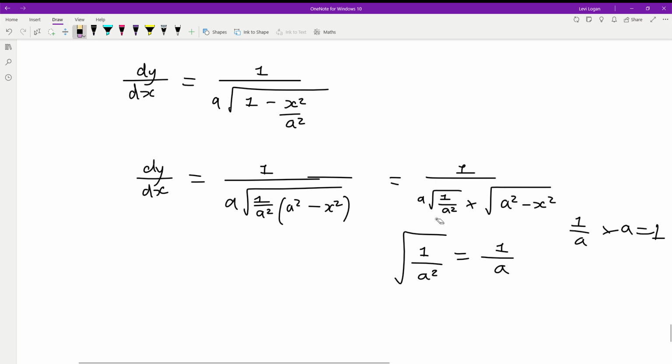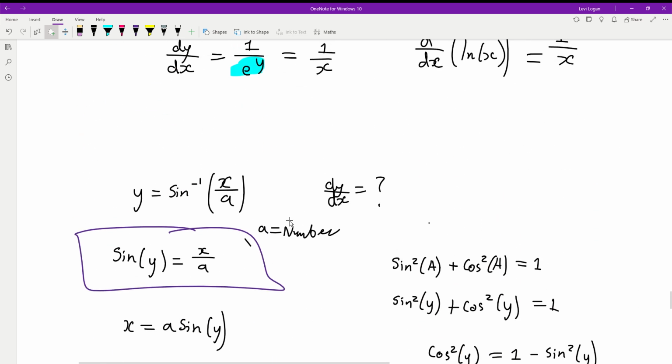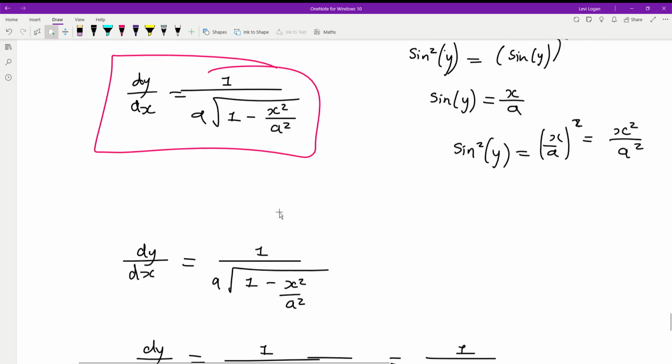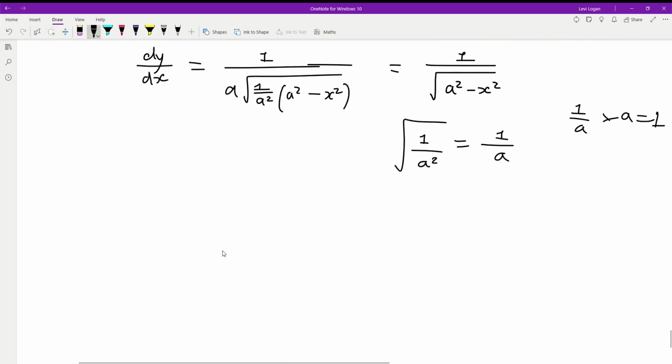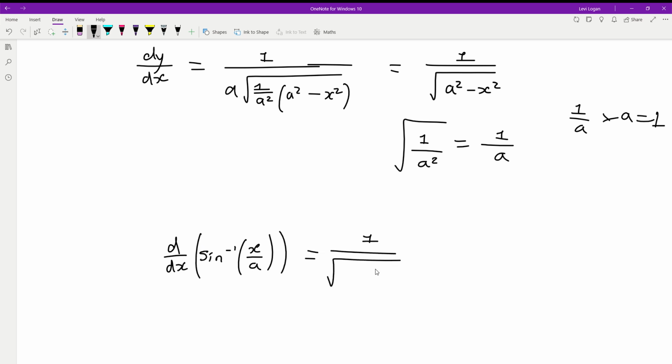So that front bit is just going to be times by 1, and we get dy dx is specifically 1 over the square root of a squared minus x squared, where a is the number under the x in the sine inverse. So in other words, if you have sine inverse of x on a, and you differentiate that, you're going to get 1 over the square root of a squared minus x squared.